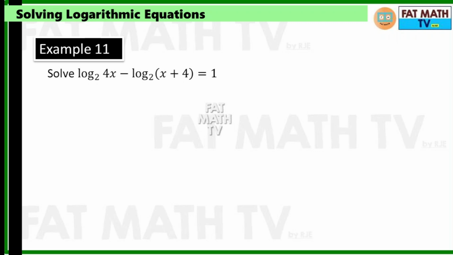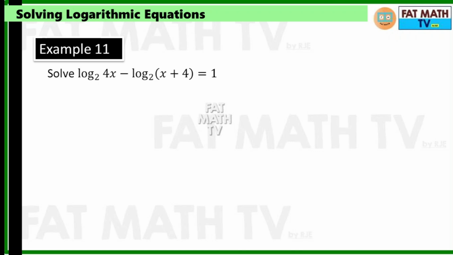Example number 11. Here we have two logarithms on the left side. Logarithm of 4x to the base 2 minus logarithm of x plus 4 to the base 2 equals 1. So what we're going to do here is apply the law of logarithm. We will condense these two logarithms into a single logarithm.